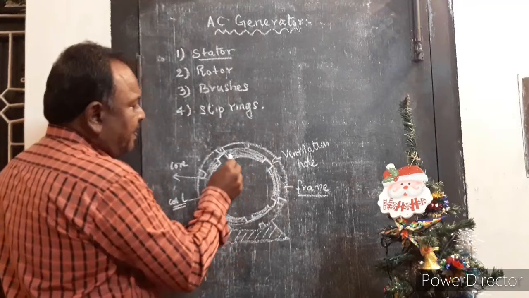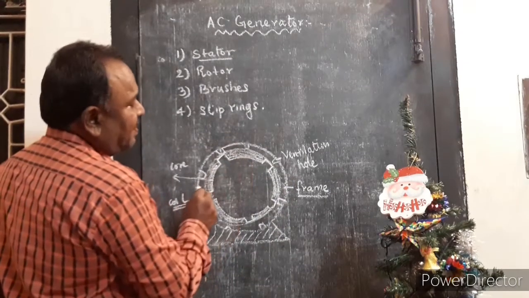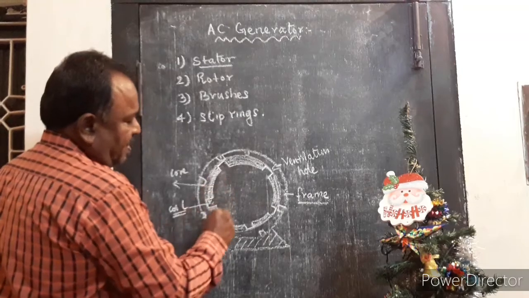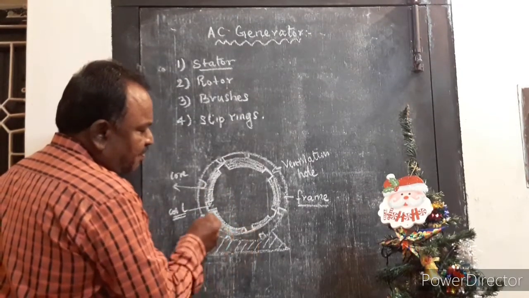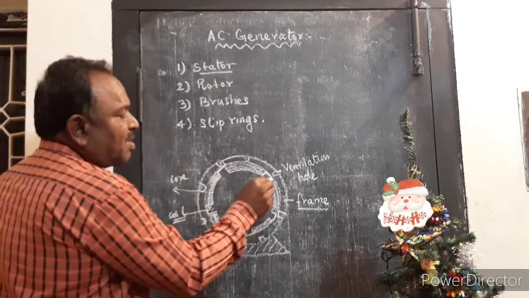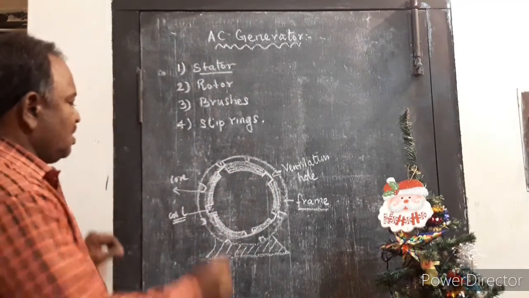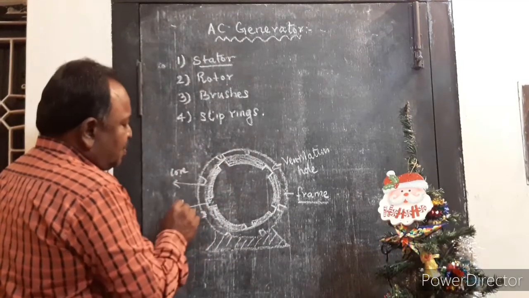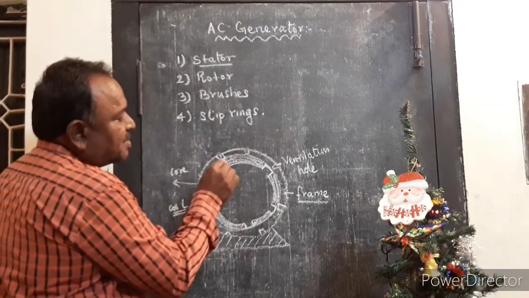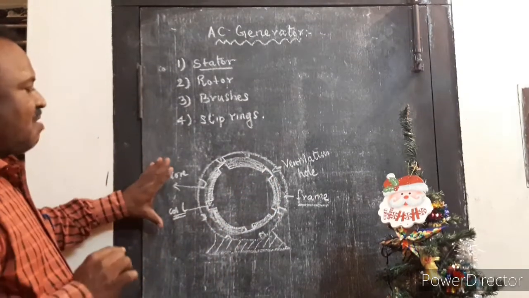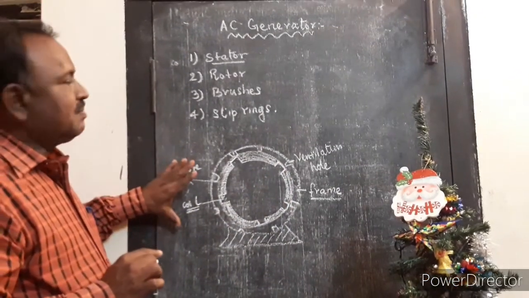Inside this frame we have the armature core. This armature core is made up of soft iron or steel. It has a large number of cavities. Using these cavities, the armature coil is mounted. So this is the construction of a stator.